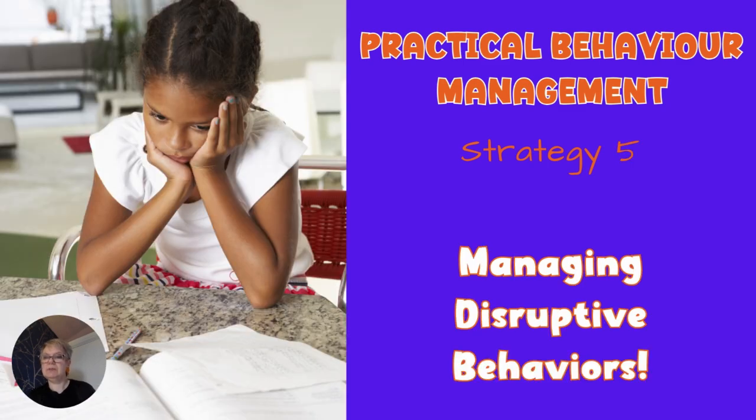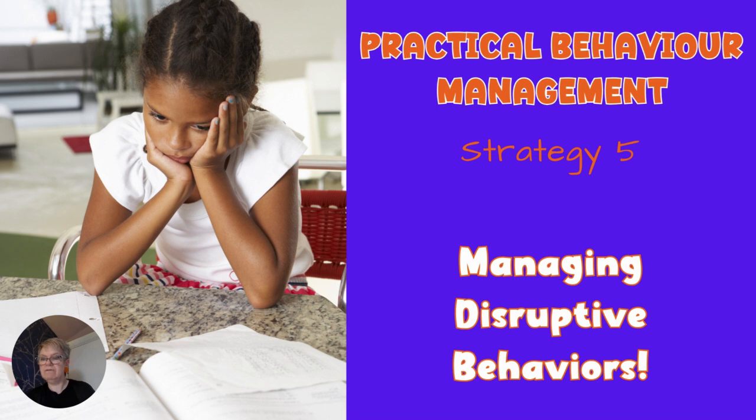Practical behaviour management strategy 5, managing disruptive behaviours. When disruptions happen, staying calm and addressing them constructively is key. So stay neutral, avoid raising your voice or showing frustration. Respond calmly and with understanding. Redirect energy.